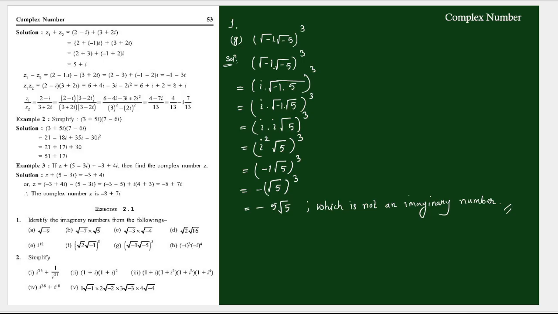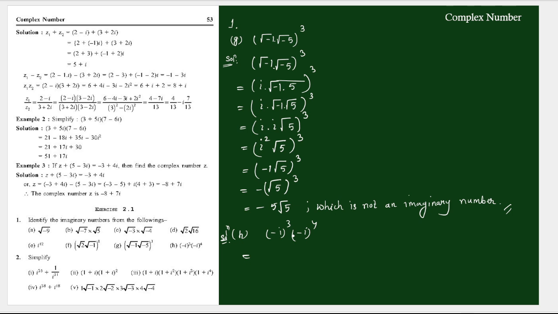Let's try to do which one? H. How is it H? Minus i cube minus i to the power 4.